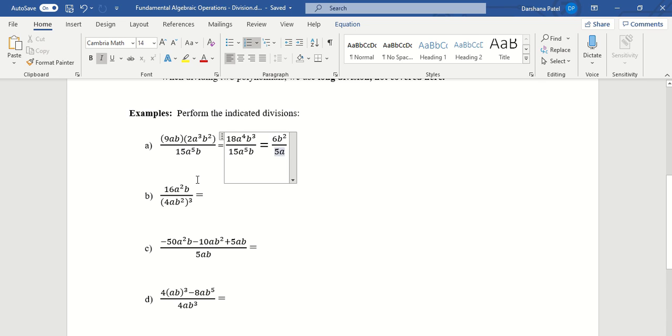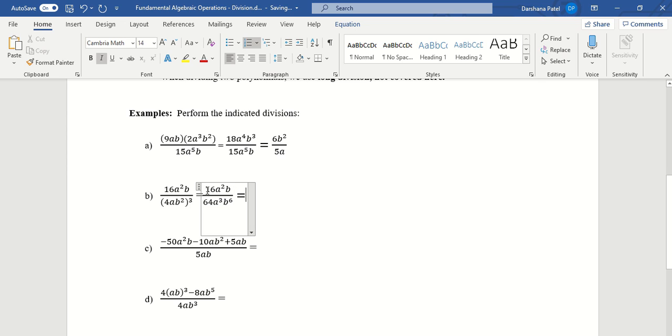Now for this one, again we'll take care of multiplication first. In the denominator, the cube applies to 4, so 4 cubed will give us 64. A to the cube will be a cubed. B square to the cube, the 2 and 3 will multiply to 6, giving us something like this.